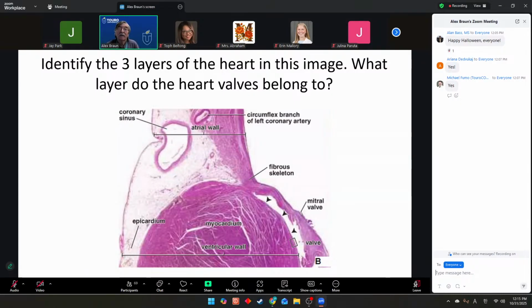And the core of the valve consists essentially of connective tissue, which is in continuity with the connective tissue which is part of the endocardial layer. Again, the endocardial layer consists of endothelium, a subendothelial basal lamina, and beneath that, there's some connective tissue. So the heart valve really is an elaboration or specialization arising from the endocardial layer of the heart.